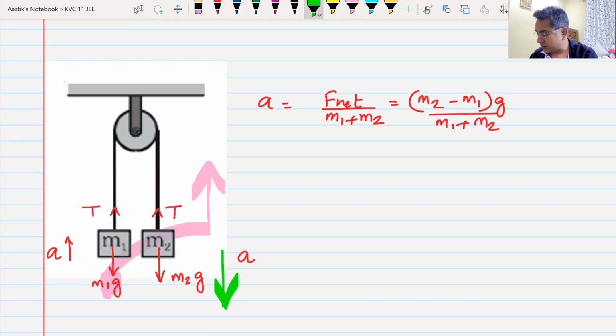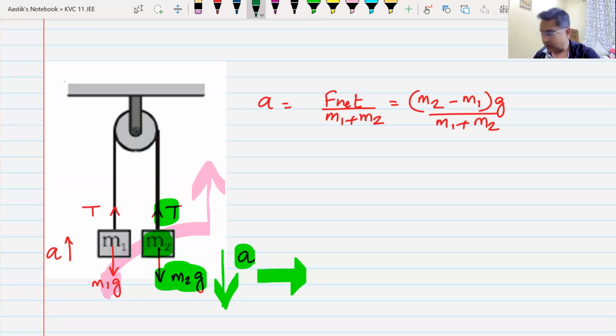You can write the equation for this green block. What will be the equation for this green block? It is moving downward, so M2G minus T is equal to M2 into A, equation number 1. You could have made the equation of this pink block.